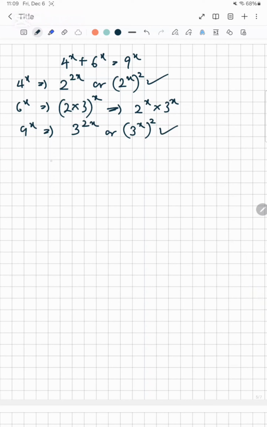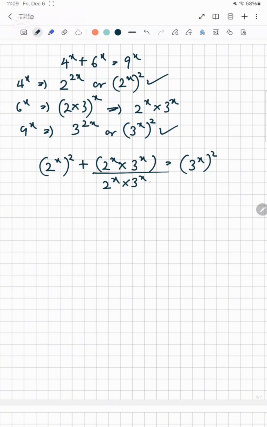So 4 to the power x, I'm going to write as 2 to the power x to the power 2, plus 2 to the power x into 3 to the power x, equals 3 to the power x to the power 2. So I'm going to divide every term by 2 to the power x into 3 to the power x.